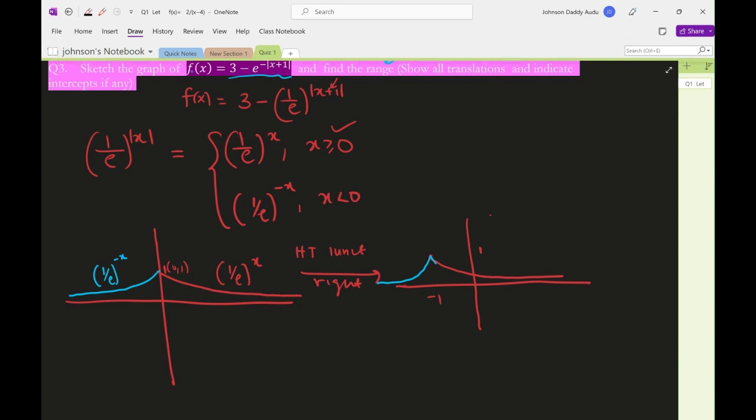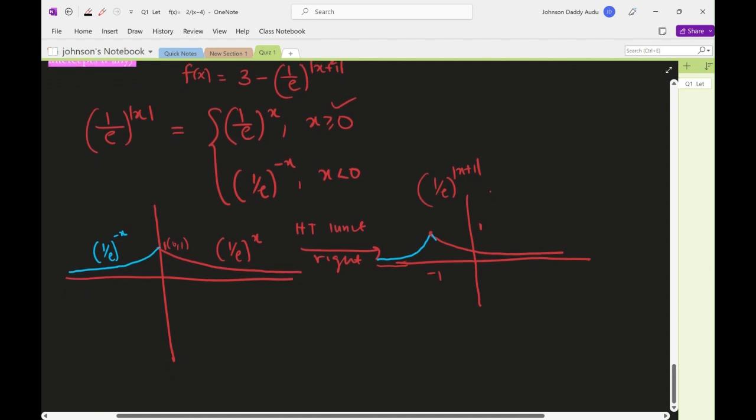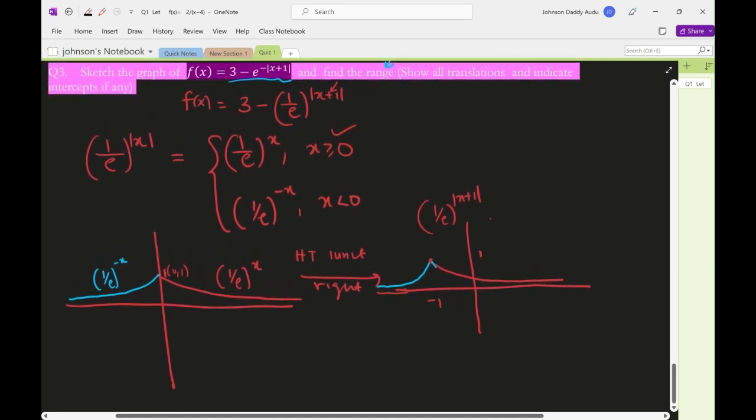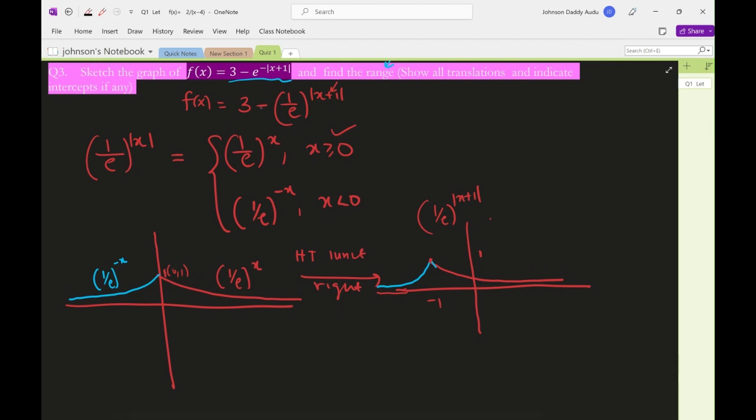Now, we need to reflect everything. So this is the graph of 1 over e to the power of the absolute value of x plus 1. Okay. Now, what next? We now need to reflect everything across the x-axis. Why? Because of this minus here. And if we do that, reflecting across the x-axis, don't forget that this point is minus 1, 1.